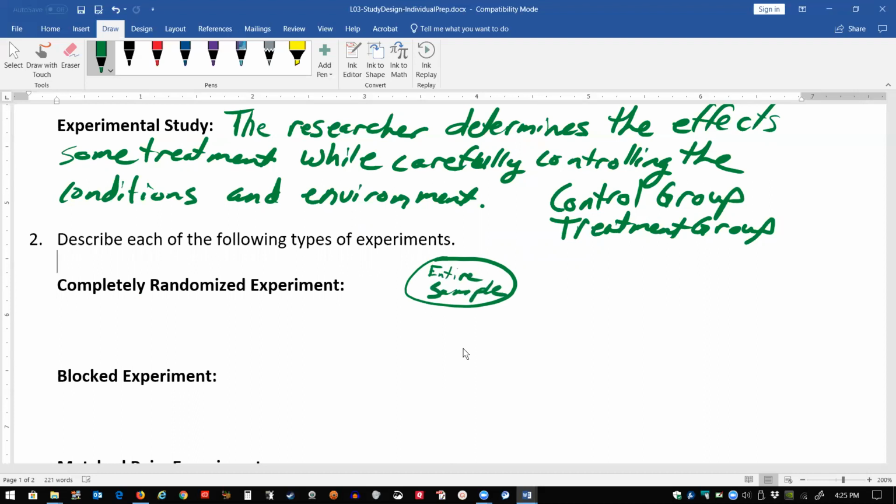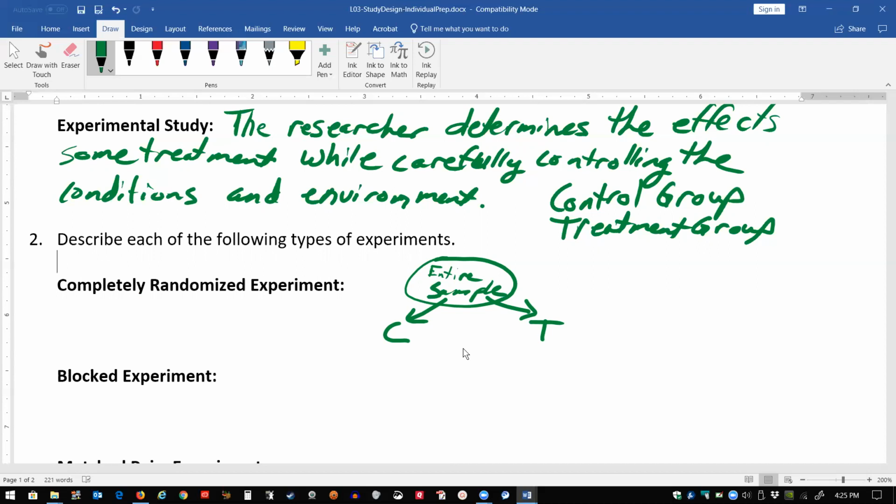So remember, this is not sampling. We already have our sample. Now we're deciding what to do with our sample. Okay, how do we assign members of our sample to the control group or the treatment group? For this one, you take the entire sample and you split them up. Use typically some method of randomness, use a random number generator or something, and just take the one group and split it up into the control and the treatment groups.